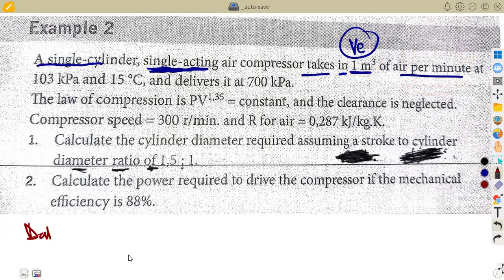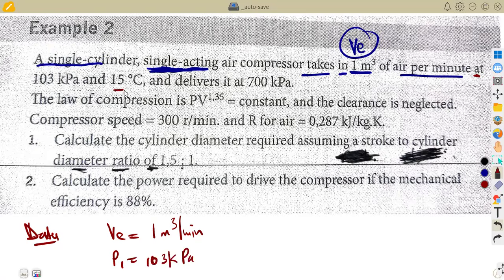All right. So we are given VA at the entry of 1 cubic meter per minute. Remember, this is at the inlet. At P1, the pressure is 103 kilopascal.